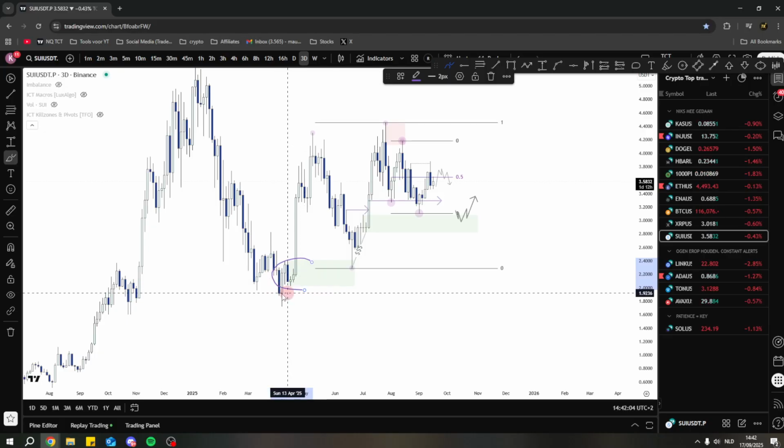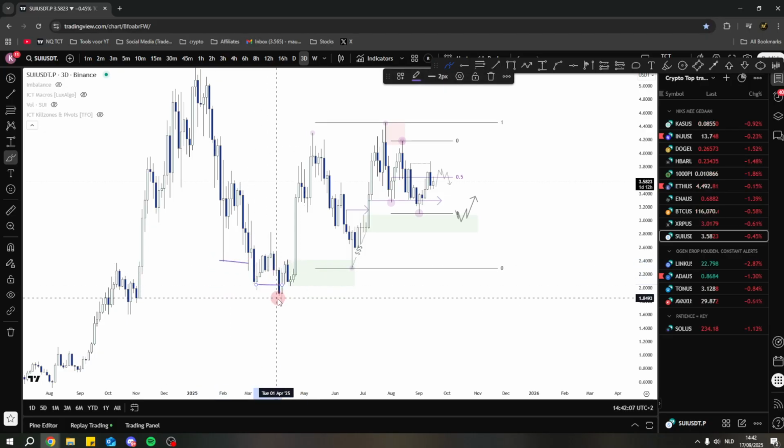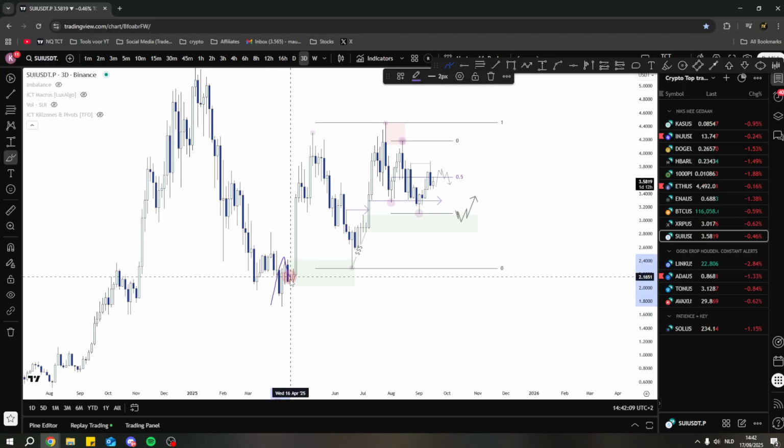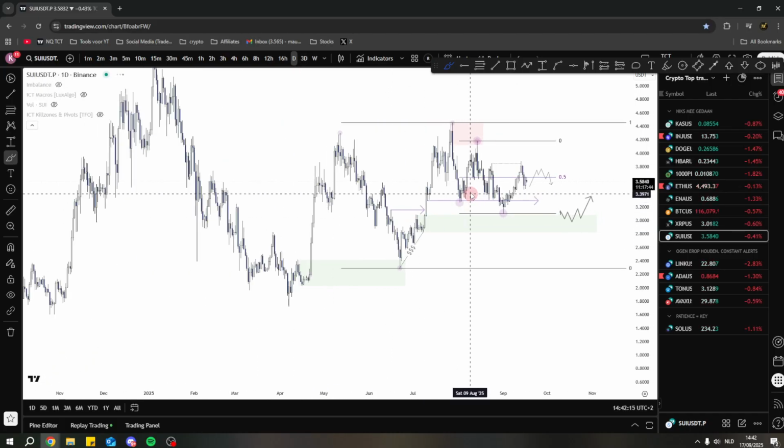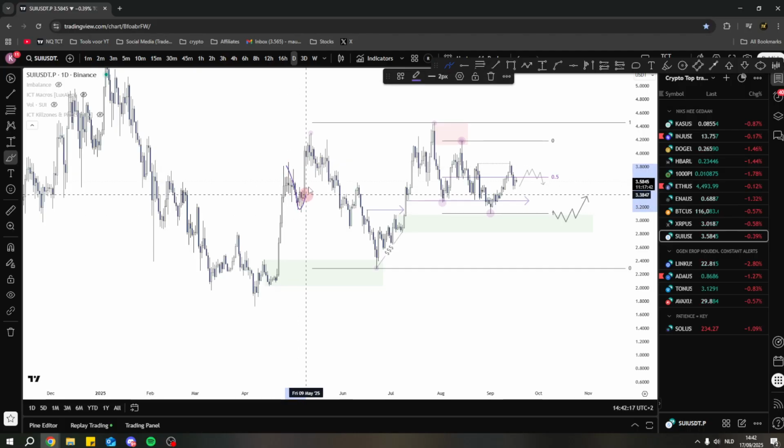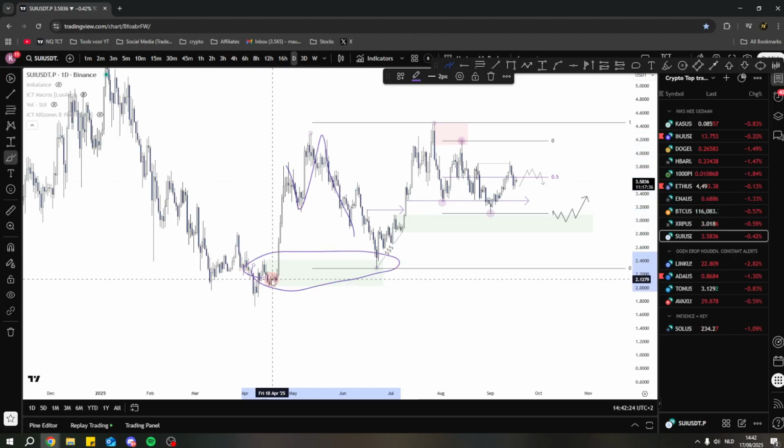This was your market maker demand because after taking that much liquidity, you've made your first higher low before you broke structure towards new highs. From here on, we actually started to break bearish and we were trading towards that market maker demand.